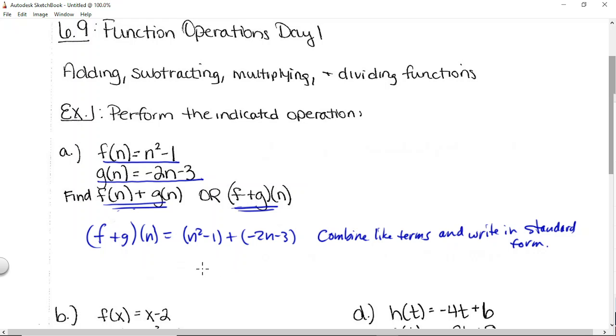So let's combine like terms. We have the n squared. That's the only squared term, right? And we have minus 2n. That's the only term that has n to the first power. And then we take negative 1 plus negative 3. Those are like terms, right? They're constants, and we get negative 4. And that is it.